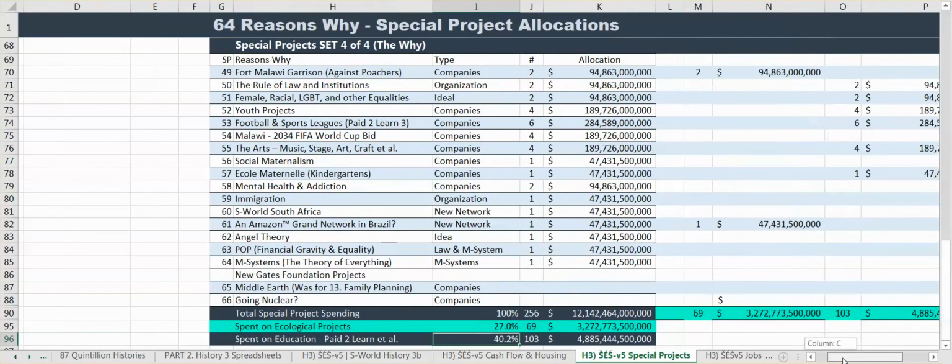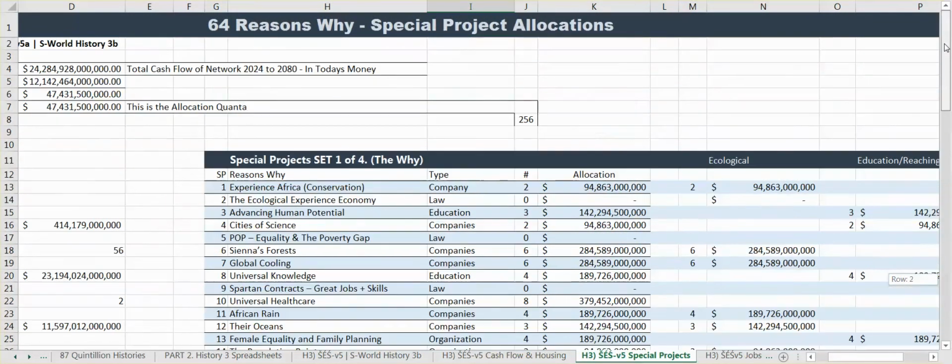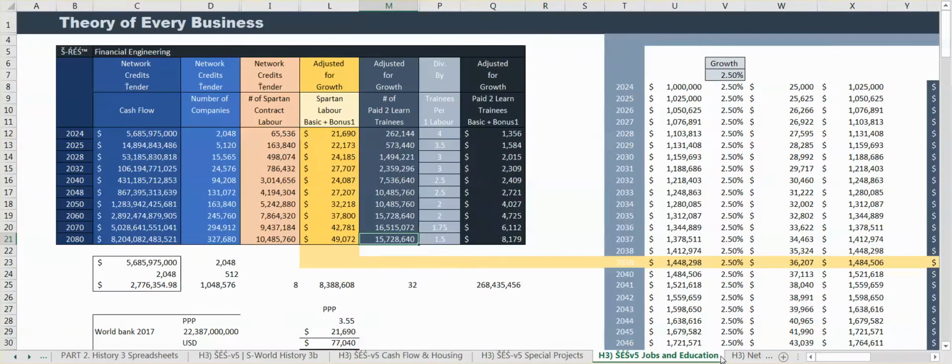This is how the cash flow is allocated to special projects. These are some figures that give us the amount of people employed, how much they'll be paid, people in paid education, how much they're going to be paid, what the cash flow is, how many companies.